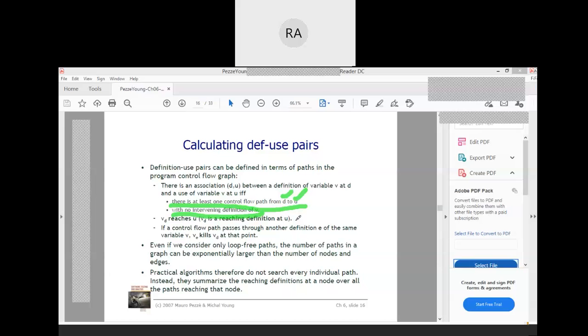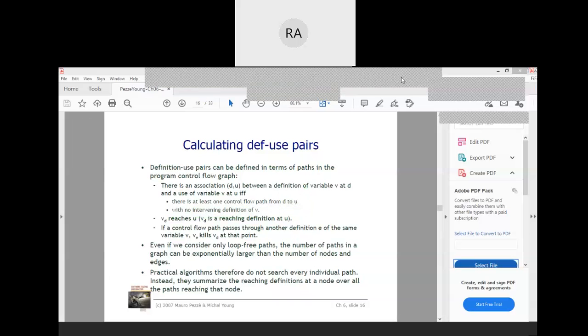We have already seen the definition clear path. What do you mean by definition clear path? It is the same thing, only they are explaining it with the help of control flow graphs. There has to exist at least one path from definition to use without any statement in between which destroys the previous definition of the specific variable. In that case, I can say there exists an association between the definition and use pair.